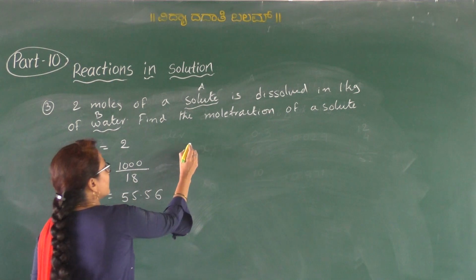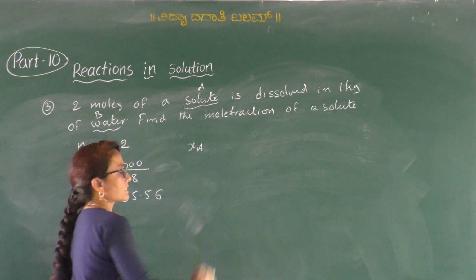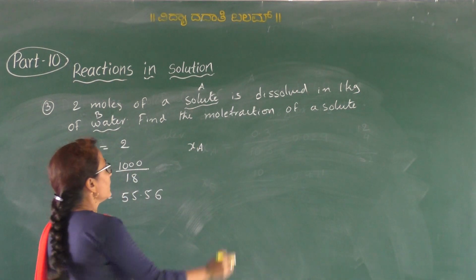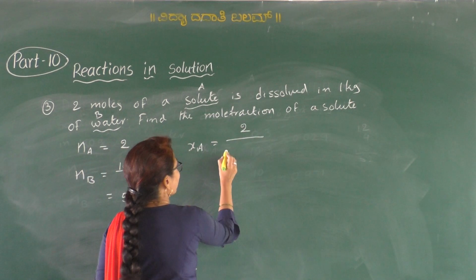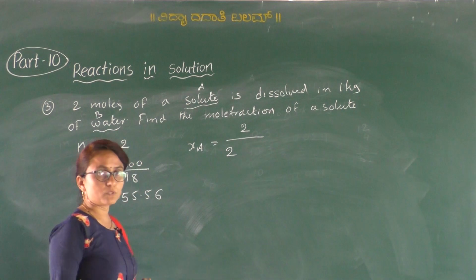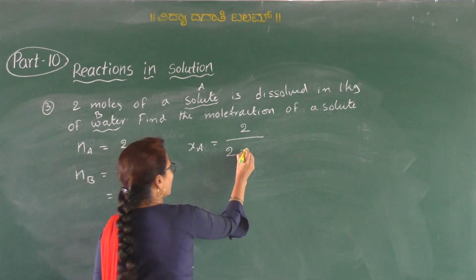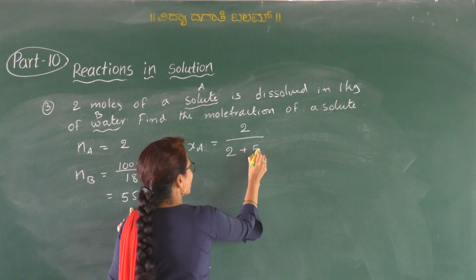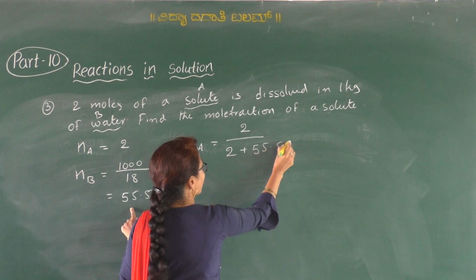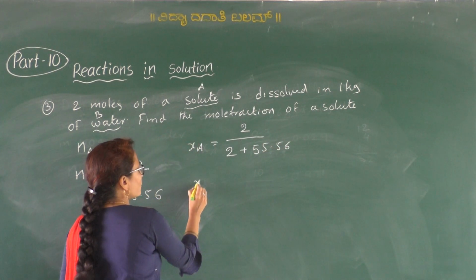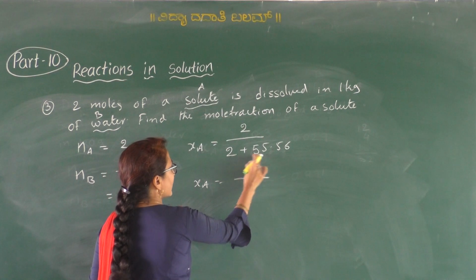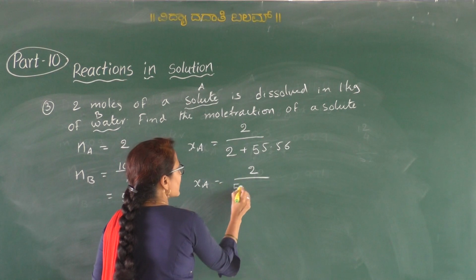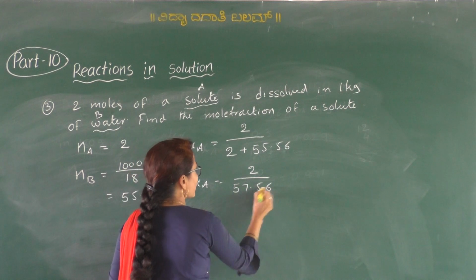Then calculate the mole fraction of a solute, that is XA, equal to the number of moles of solute divided by the total number of moles. The number of moles of solute plus water is 55.56 plus 2, that is 57.56.